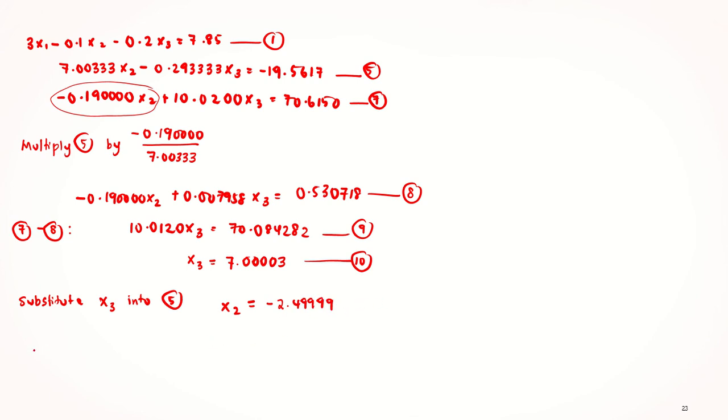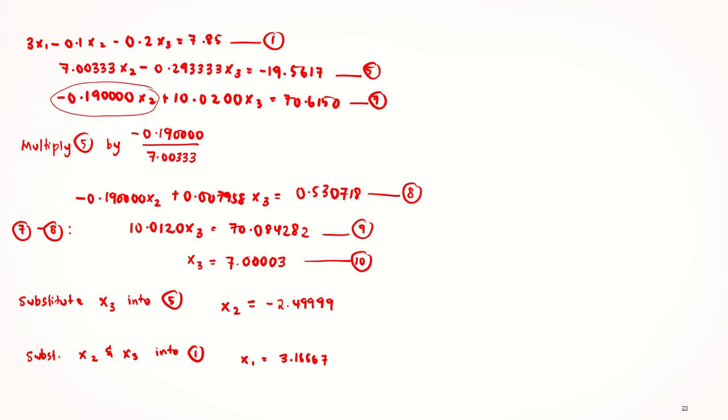And you can substitute x2 and also x3 into equation 1 to get x1 equals 3.16667. Or I might have made a little bit of a mistake here, but it should be nearly 3.